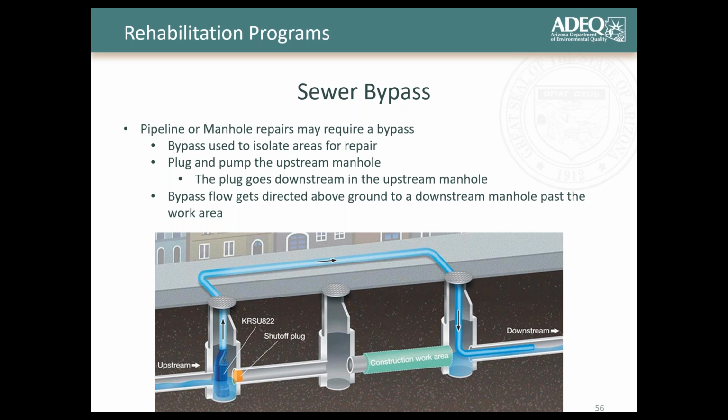Installing a pump, right? In this scenario, in the illustration they gave you on screen, they had a submersible pump in there. And the reason you guys, whether it's being subcontracted out or you're doing the work yourself, want to be really involved is because you have to bypass this via pumps above ground and past your work area, right? So you have a sewer that's being bypassed above ground in a designated area past your work area, so you can get the work done, right?